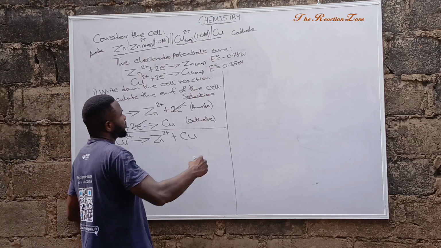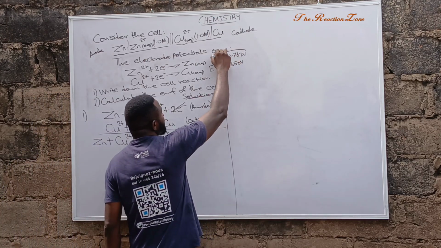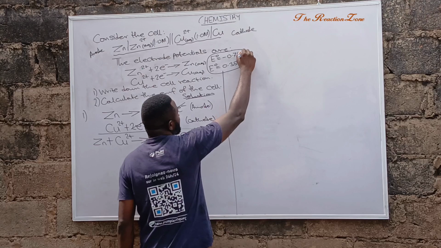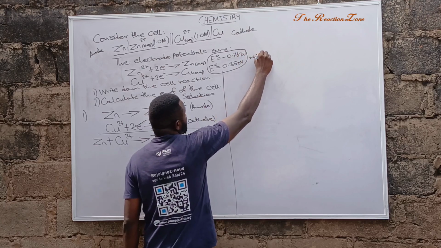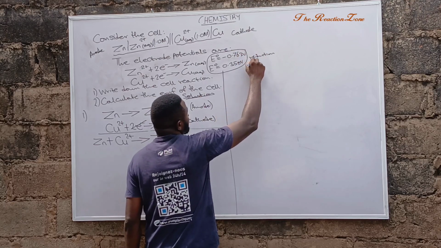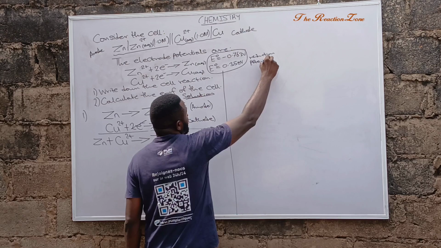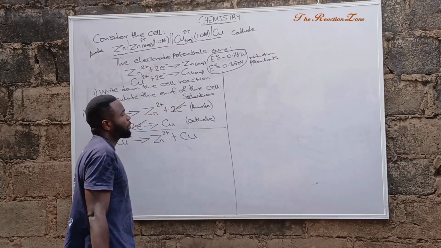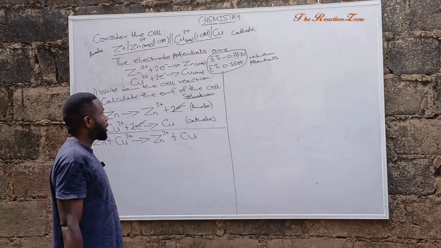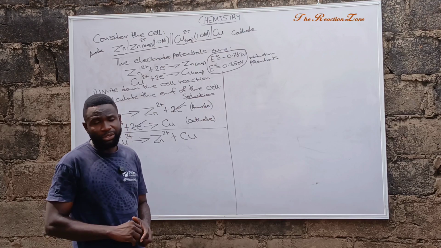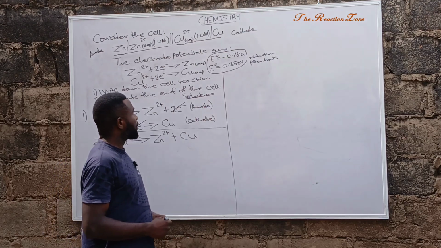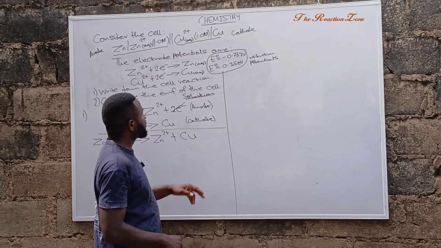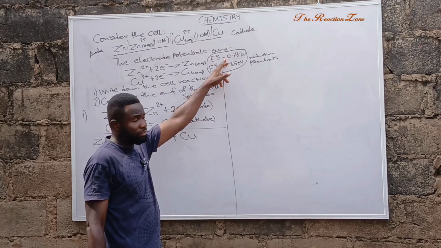But like I said, these two values that we're given here are reduction potentials. So, if I want to get the oxidation potential of the anode, I would simply change the sign here.